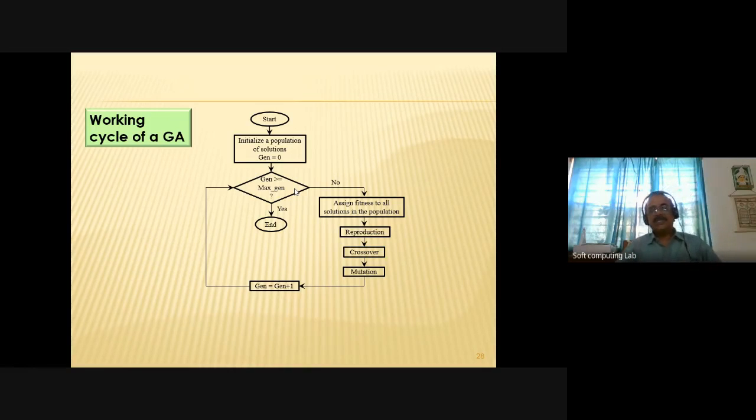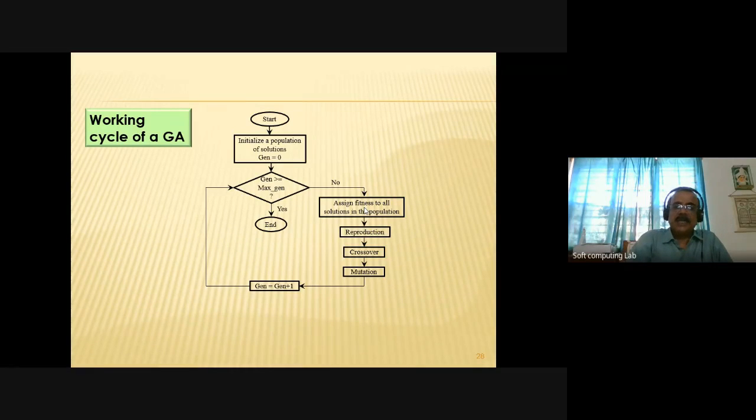Okay, so it starts with a population of solutions, and we consider generation equals 0, and this population of solutions will be selected at random, and we try to find out the fitness values for the population of solutions, and this fitness value is nothing but the value of the objective function.